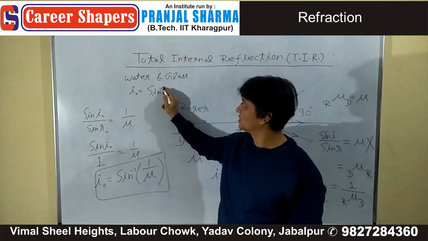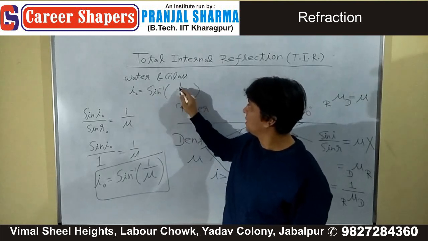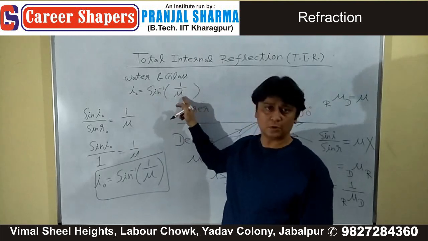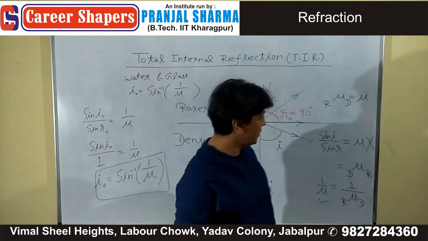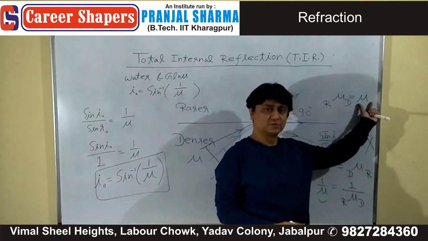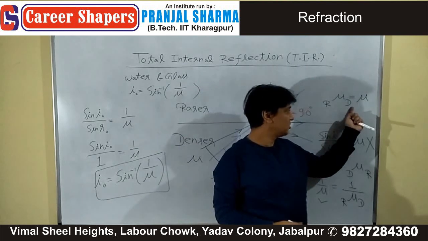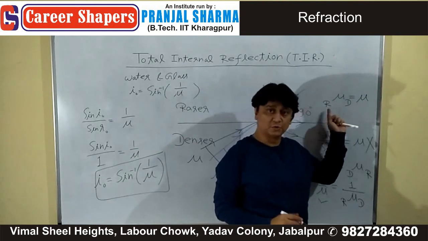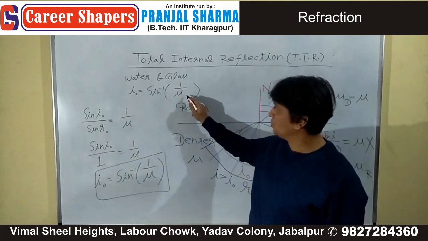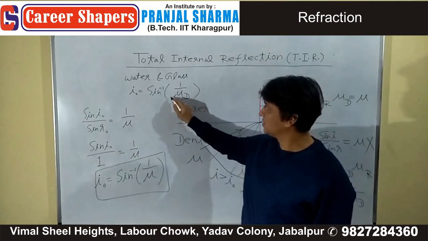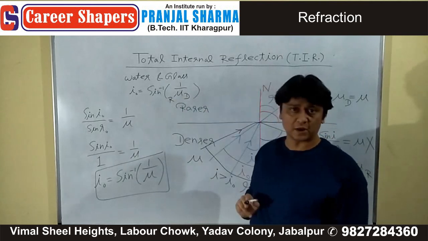Sin inverse 1 upon mu. But which mu? For that, remember this. What is mu? The refractive index of the denser with respect to the rarer. This mu is of the denser with respect to the rarer.